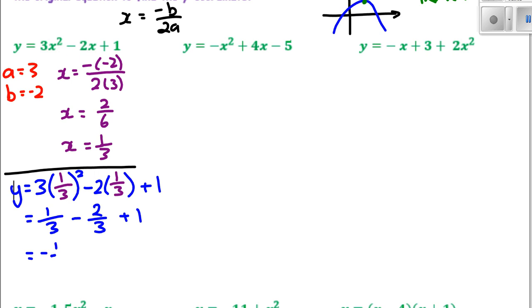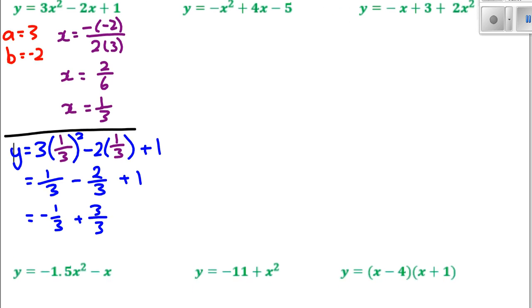And plus 1 is like saying plus 3/3, if that helps. So y equals 2/3. So our vertex, don't forget to find your final answer, is 1/3, comma, 2/3. Don't forget to write the vertex as a coordinate.